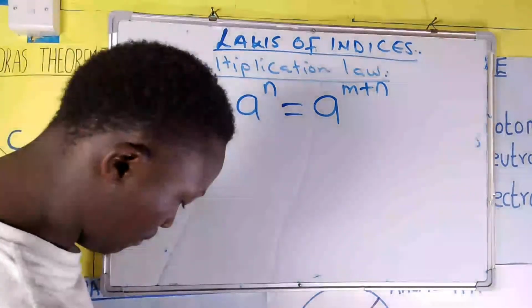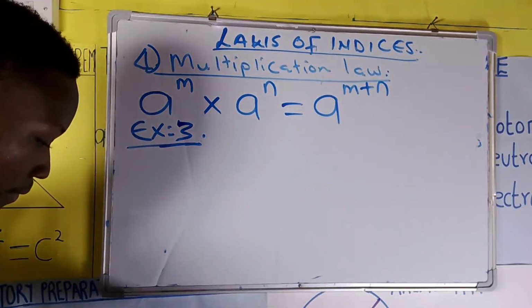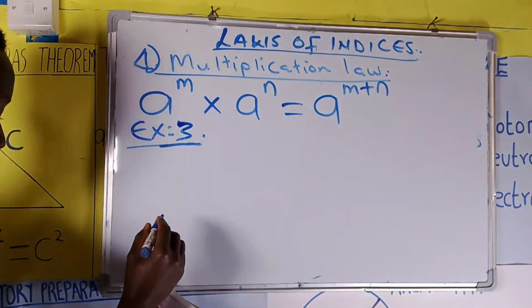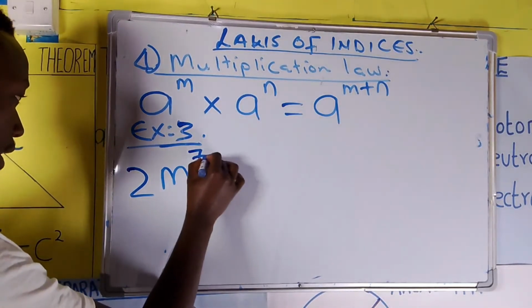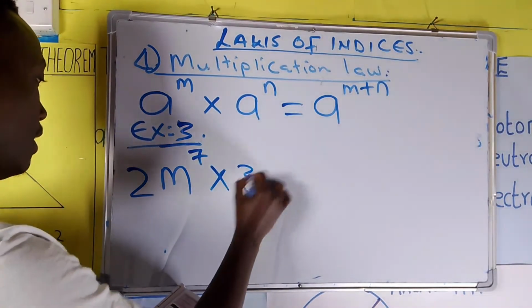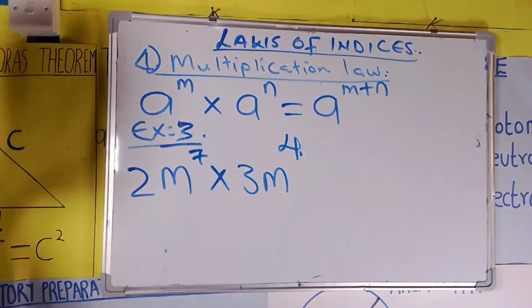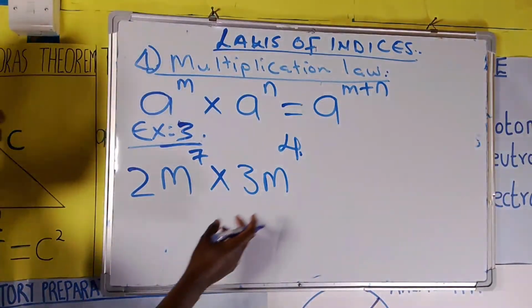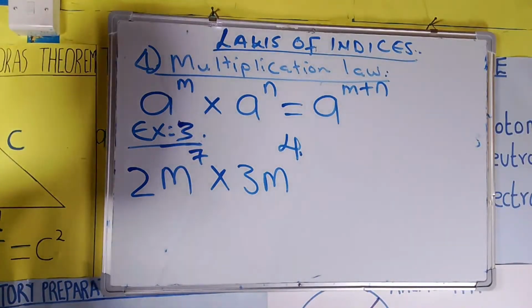Example 3. If we have 2m to power 7 times 3m to power 4, how do we respond to that? Check here.